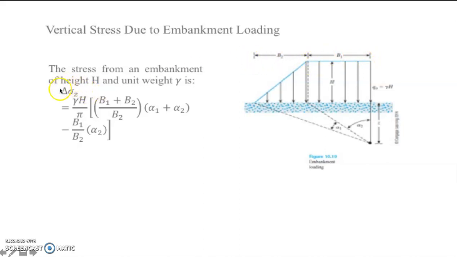To compute the stress due to embankment loading, you have this equation. This is the equation for the stress caused by the embankment loading. We have the unit weight times h over pi, times b1 plus b2 all over b2 times alpha 1 plus alpha 2, minus b1 all over b2 multiplied by alpha 2.